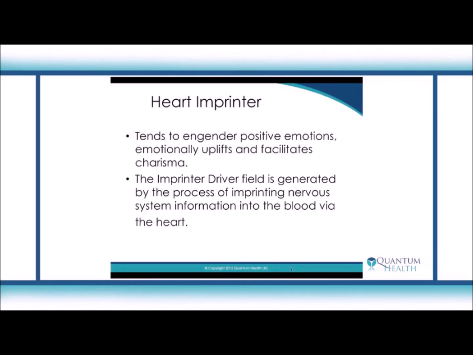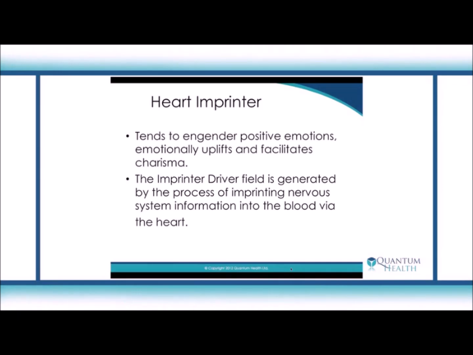There's a very direct relationship between what the heart is doing and the brain. Everyone's heard the expression that if heart and head are not aligned, it's not great. So the Heart Imprinter helps align what's going on in your brain with the rest of the body through this peculiar mechanism of correcting the ratios of the four chambers of the heart.